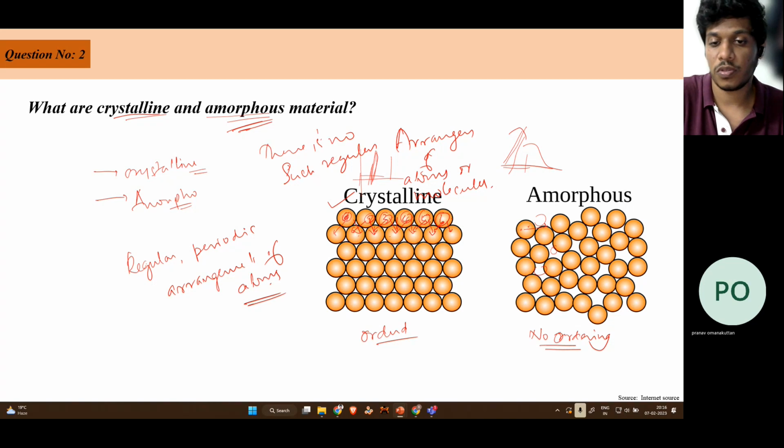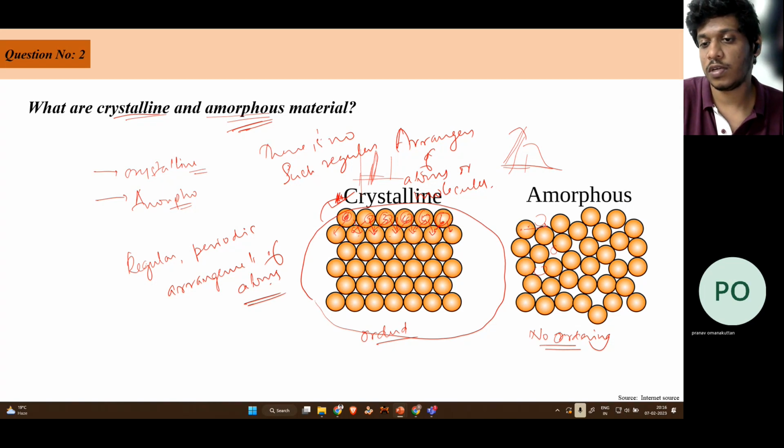So this is a very properly arranged system of atoms, and this is an example of a crystalline material. Whereas if you go for amorphous, you can see that there is no regular arrangement; the particles are arranged in a very random manner, and this is an example of an amorphous material.